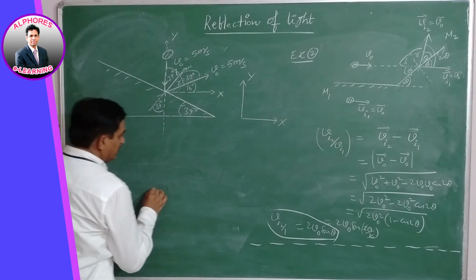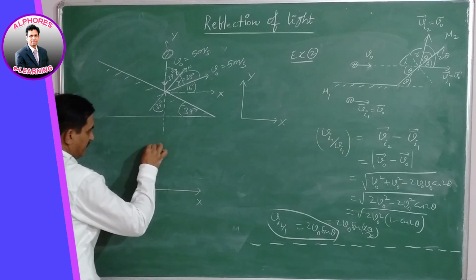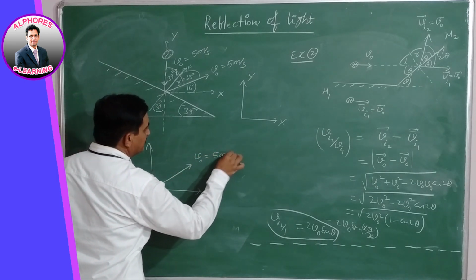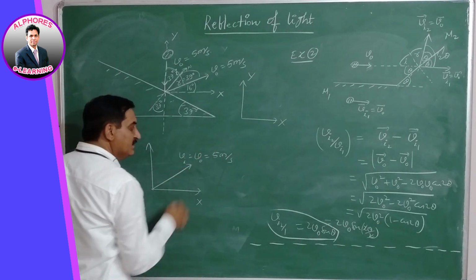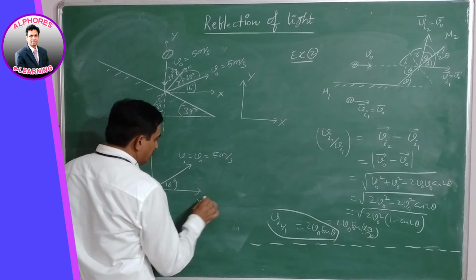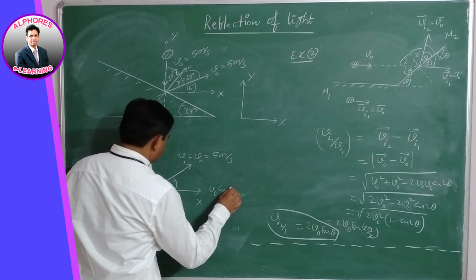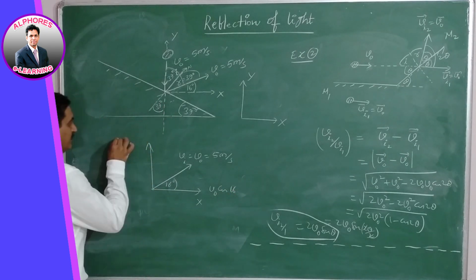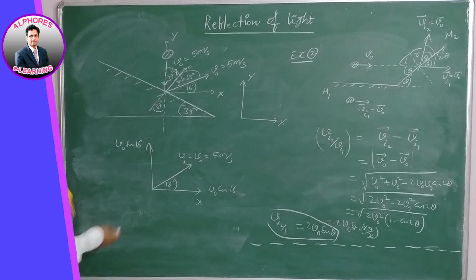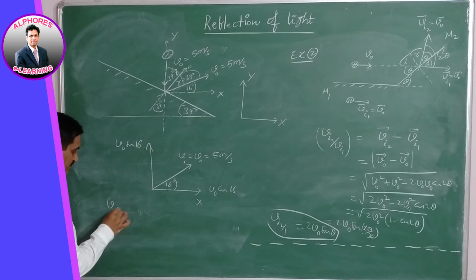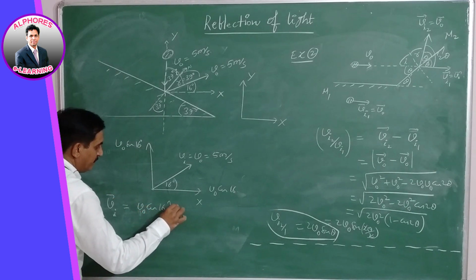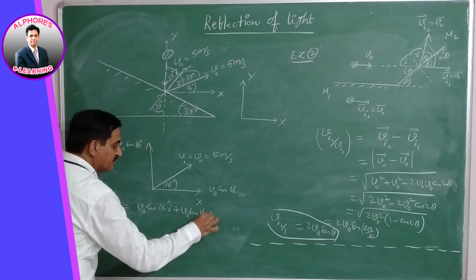Now with this 16 degree we are taking the resolutions. See, here this is the x-axis, this is the y-axis. So here the speed of the image is v0 equal to 5 meter per second. Of course, the image speed equals the object speed, 5 meter per second. This is 16 degree. Now resolve this: v0 cos 16 and v0 sin 16. Now vectorially, the speed of image is equal to v0 cos 16 i plus v0 sin 16 j.